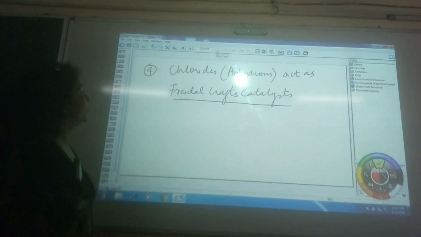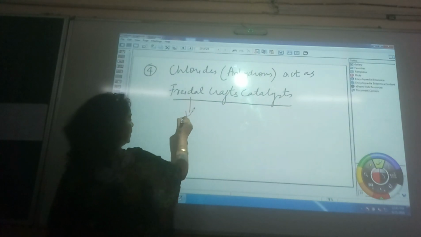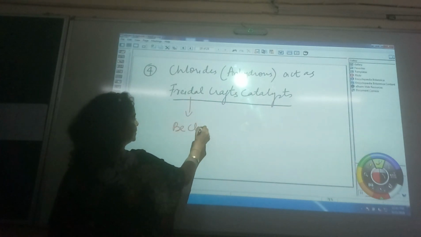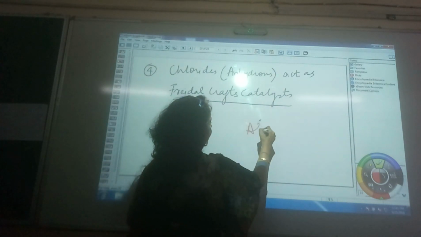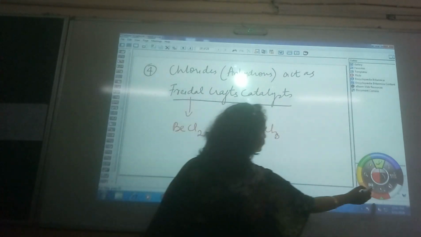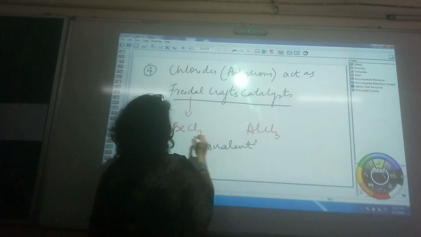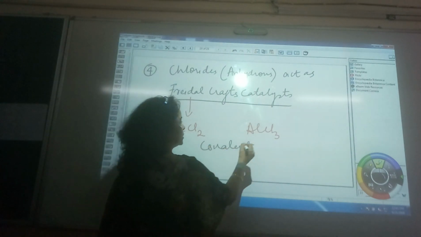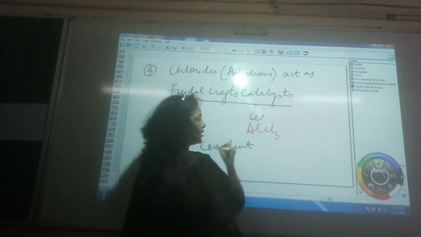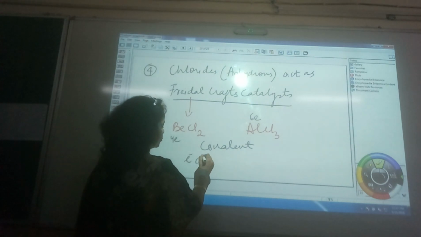Now anhydrous chlorides act as Lewis acids. Anhydrous chlorides BeCl2 as well as AlCl3, both of them are covalent. Here beryllium has 4 electrons, here aluminium has 6 electrons, so both are electron deficient.